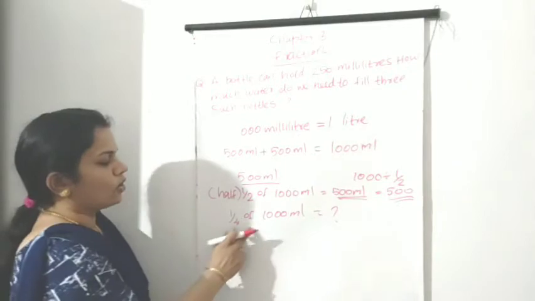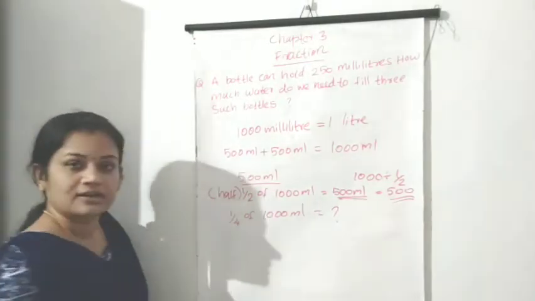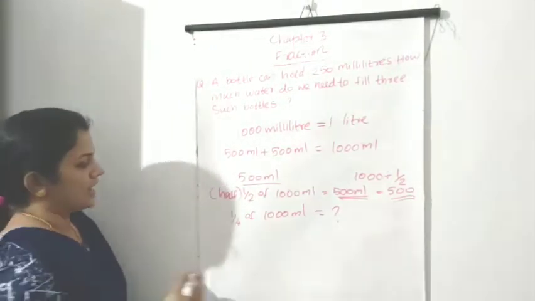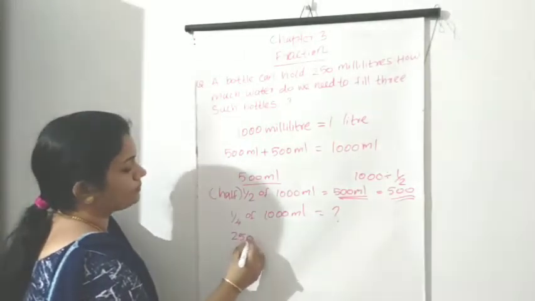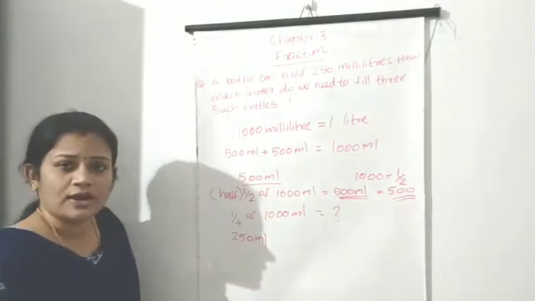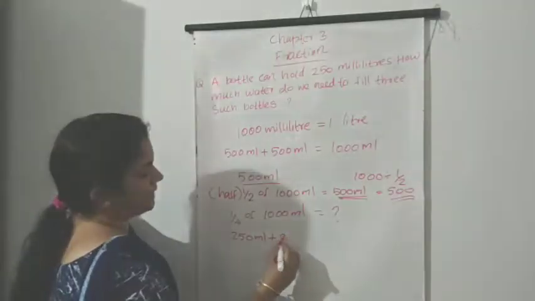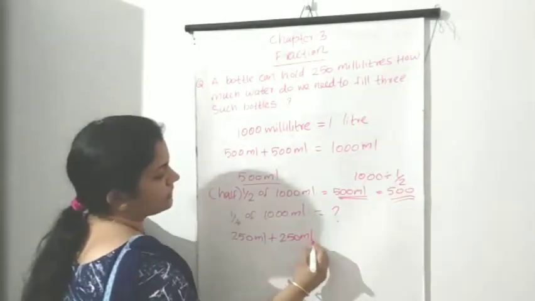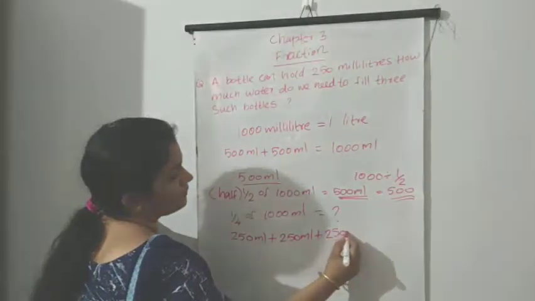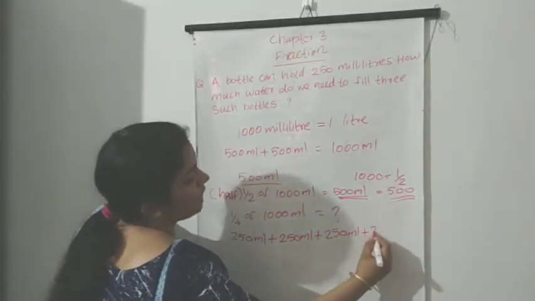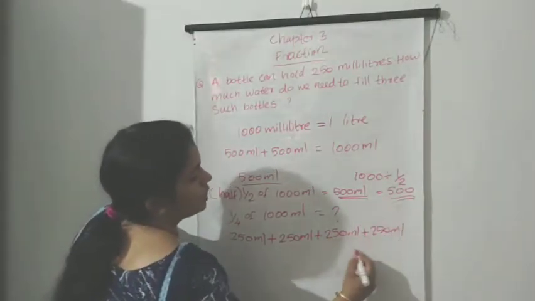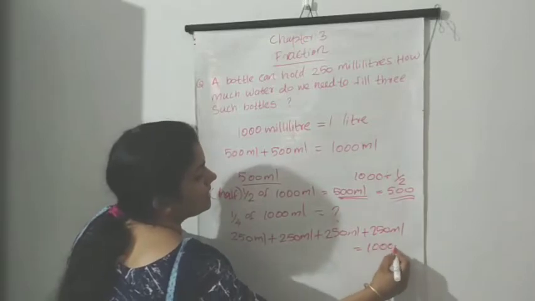Then 1 by 4 of 1000 milliliter equal to what? How to write? So we can write 250 milliliter plus 250 milliliter plus 250 milliliter plus 250 milliliter equal to 1000 milliliter.